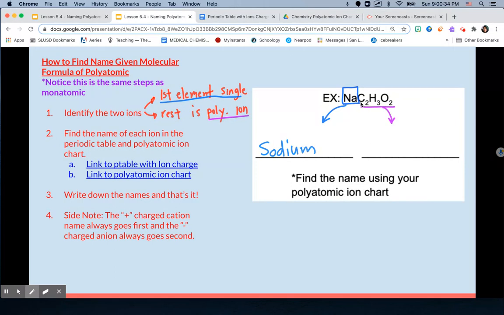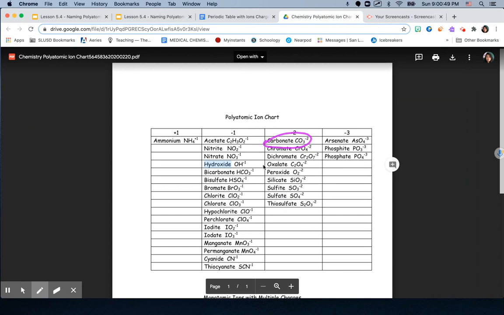All right, and then for C2H3O2, I'm just going to look this up on my polyatomic ion chart. Right, so I'm going to look up C2H3O2. So notice that this time, if I'm looking up the formula, I'm just looking up the second half, this part here.